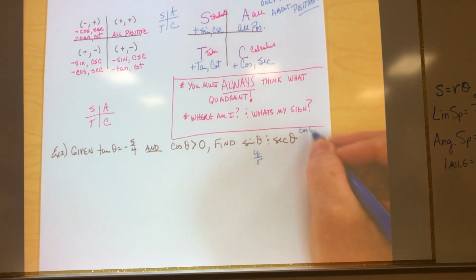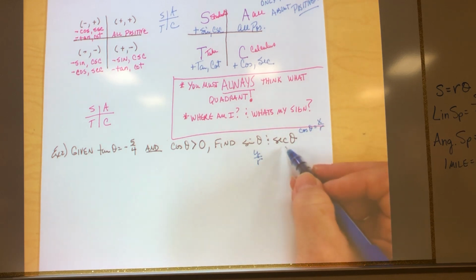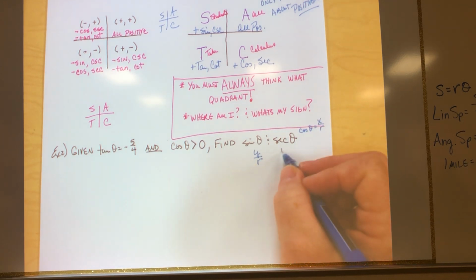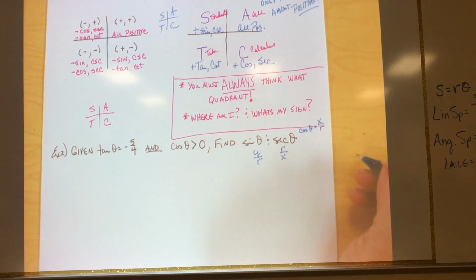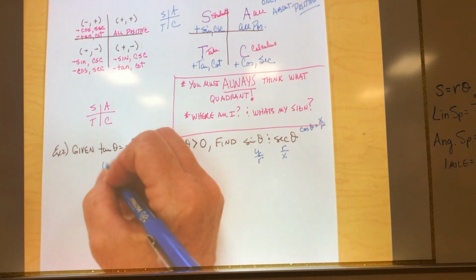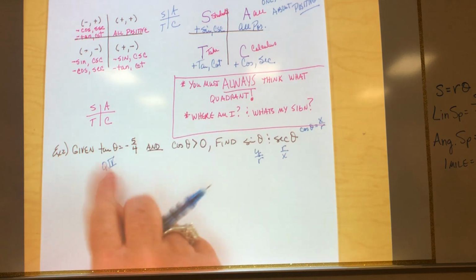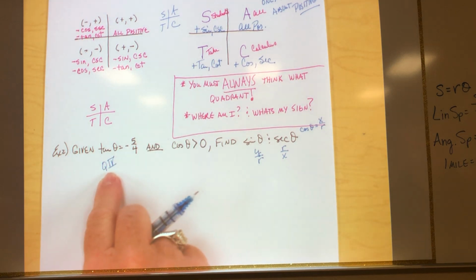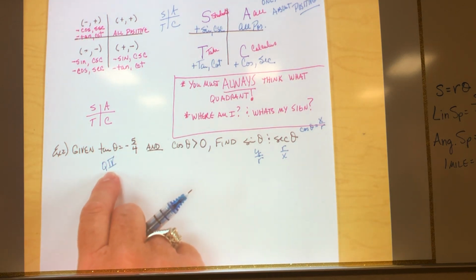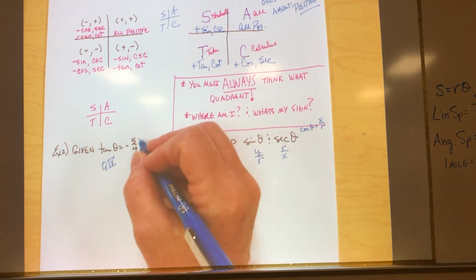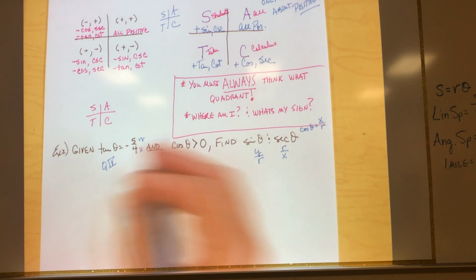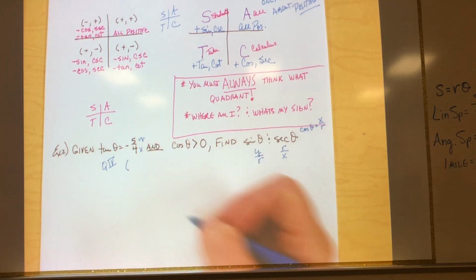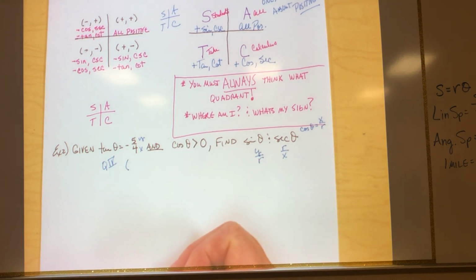So the cosine of theta is X over R, which means that secant must be R over X. So I know I'm in quadrant 4. I'm not going to remember anything, I'm just going to write stuff down. In quadrant 4, tangent is y over x. If I'm in quadrant 4, tell me what the point is.